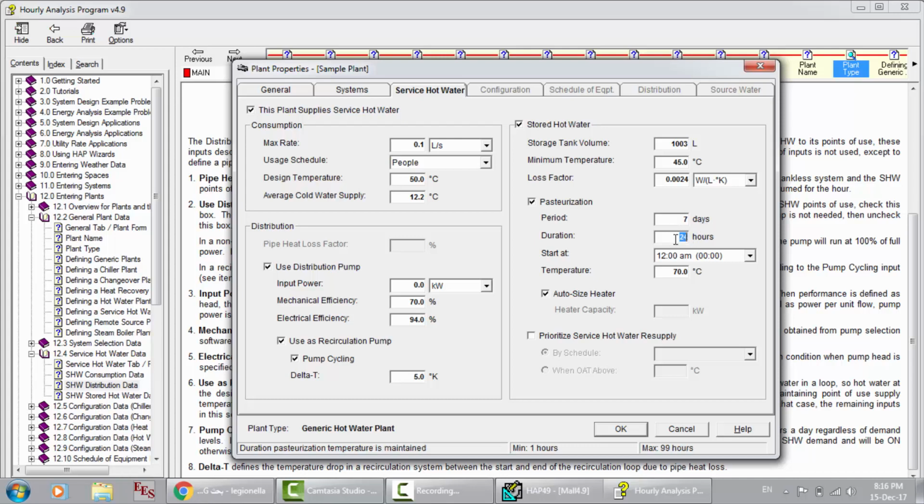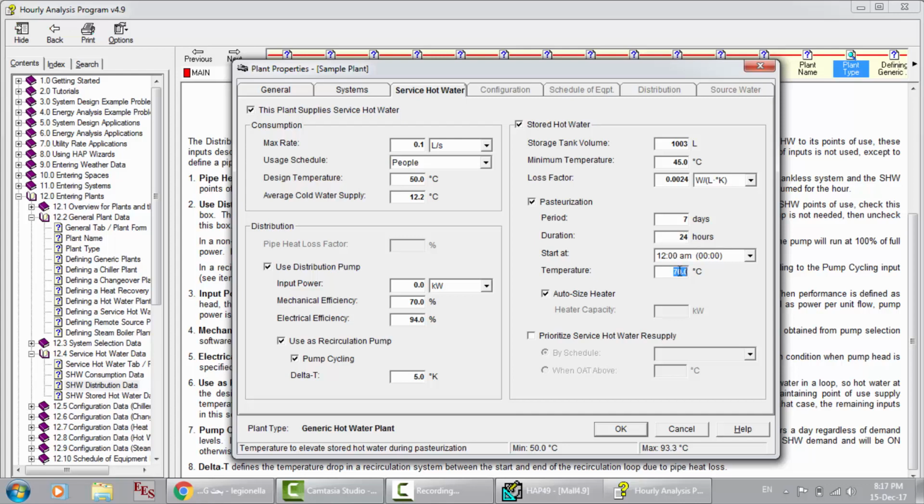Okay, and the pasteurization duration will be 24 hours, and you have to choose the starting time and a specific temperature. Suppose that the pasteurization temperature will be 70, so the water will be at 70 Celsius for 24 hours.